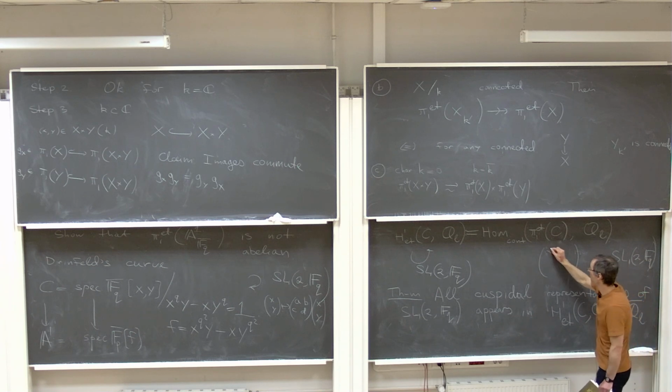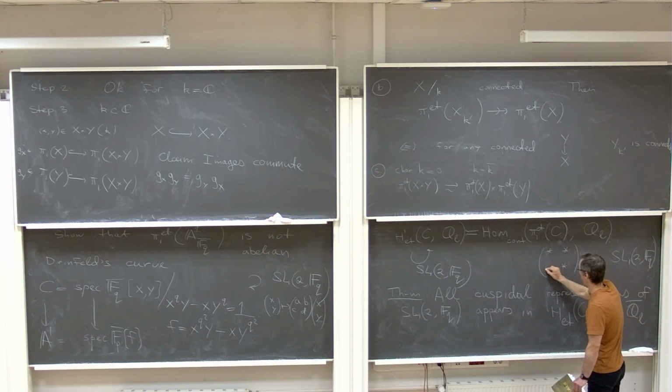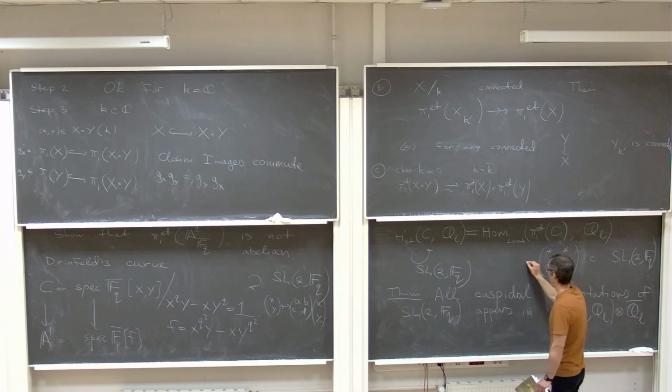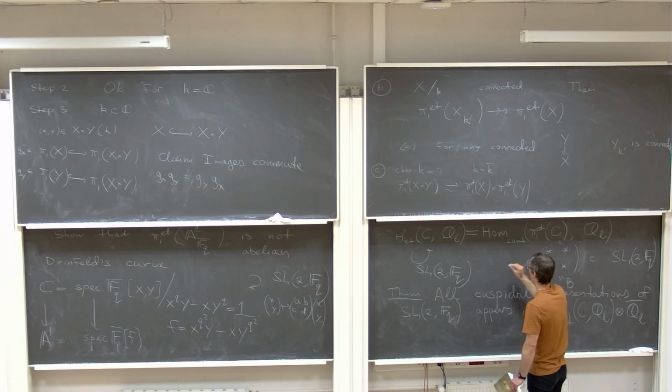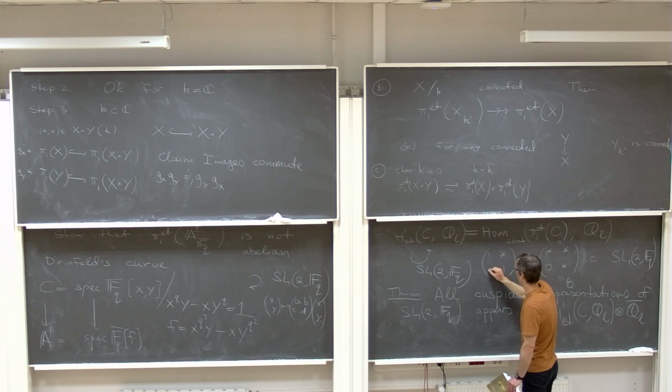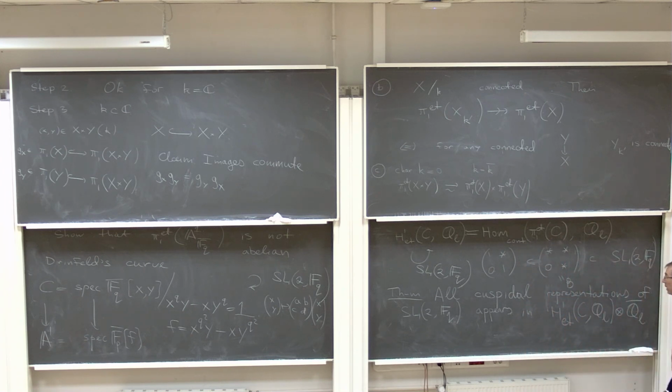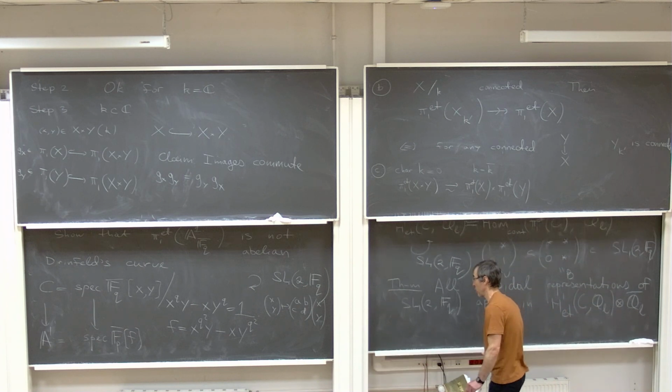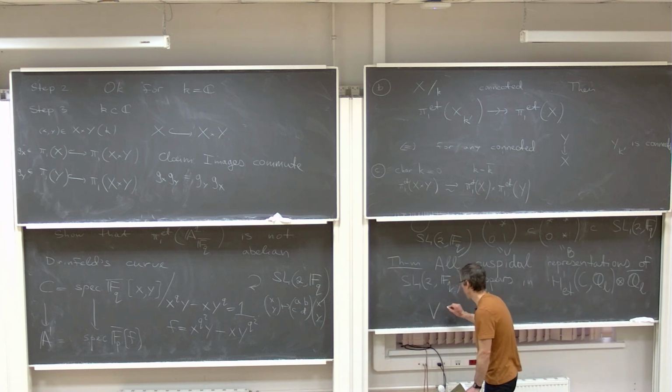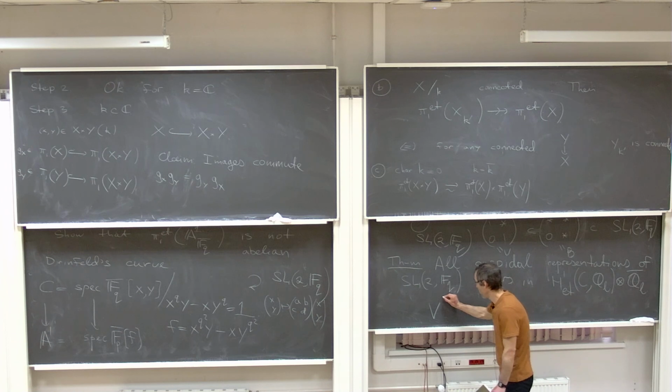It has the subgroup of upper triangular matrices, which is called the Borel subgroup, and it has a subgroup of unipotent upper triangular matrices, and that's called, let's call it U. An irreducible representation V is called cuspidal if V has no U-invariant vectors.